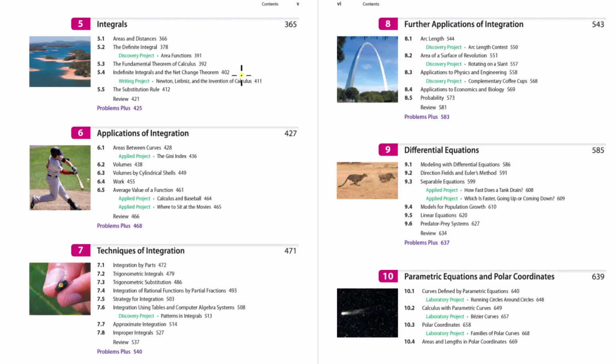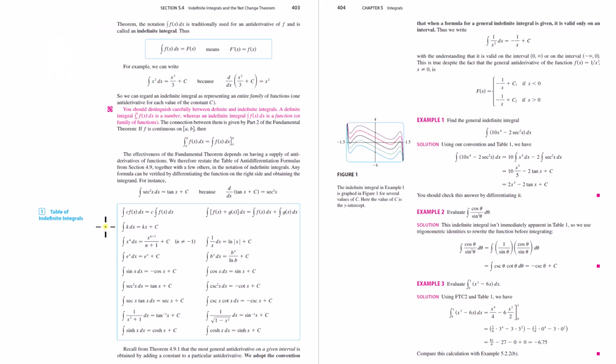To solve these, we reference a table of integrals like this. You can see all the basic forms like the power rule for integration, the integral of 1 over x, e to the x, the trig functions, exponentials, inverse trig functions, etc.